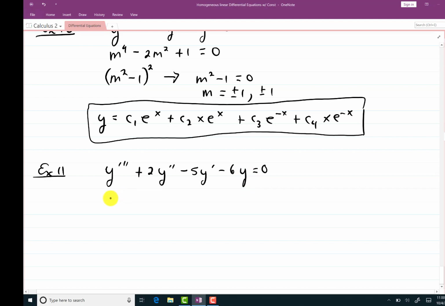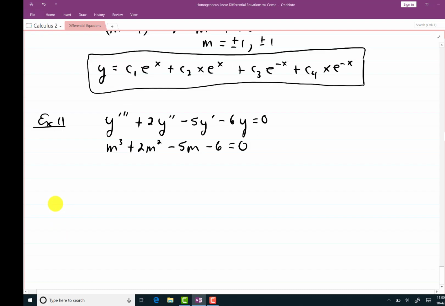And so we'll go to the auxiliary equation, m cubed plus 2m squared minus 5m minus 6 equals 0. Now this is a little more complicated because I don't know how to factor this right off the bat. Even if I tried grouping, say I tried to take an m squared out of the first two, I do not have anything out of the second two that I can work with.